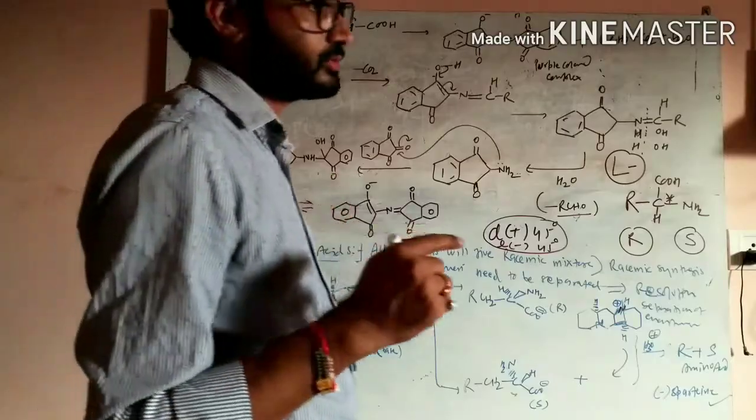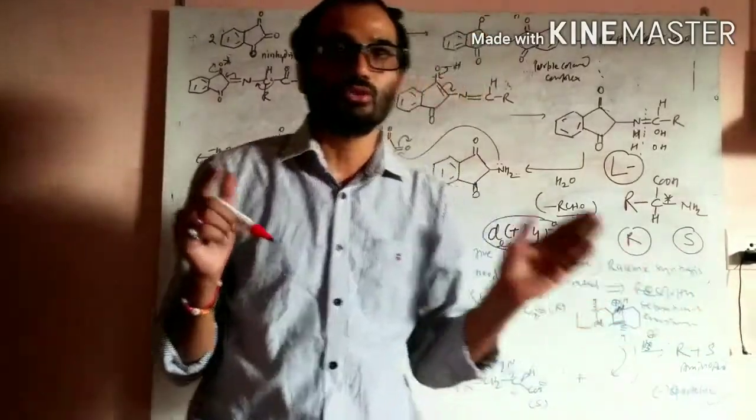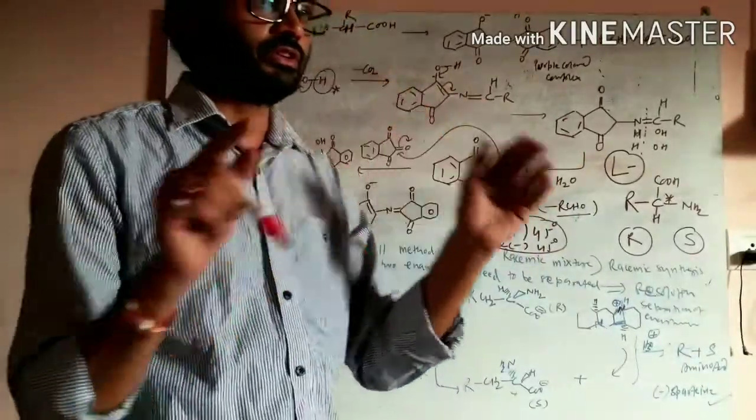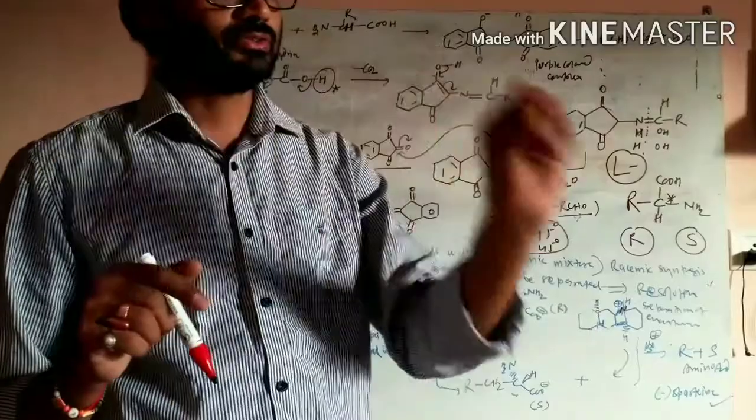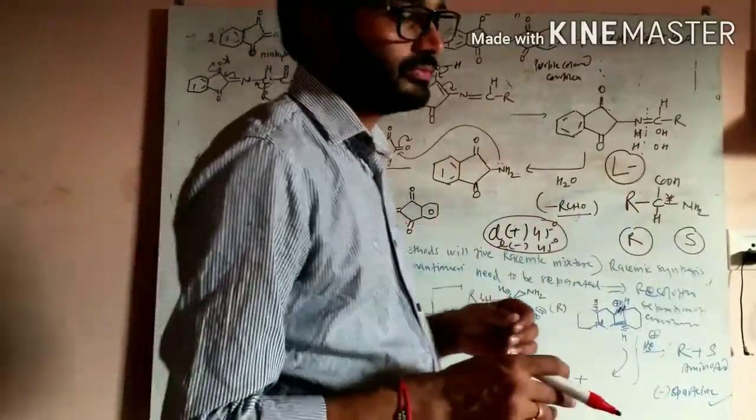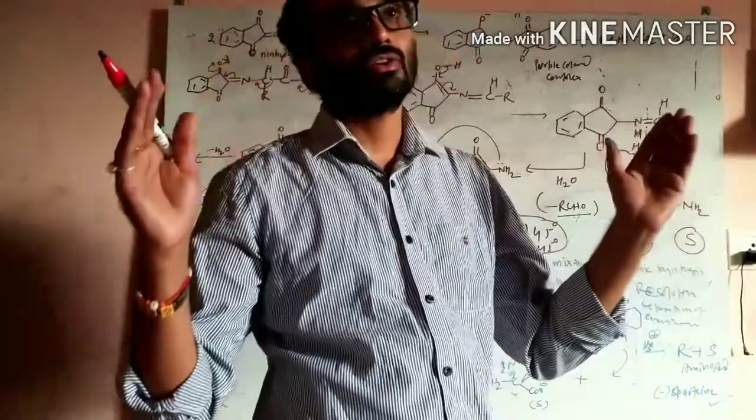When we were talking about the separation of the amino acid, I told you that the amino acid is spotted on a filter paper, and that filter paper is dipped into a solution, and then an electric field is applied.